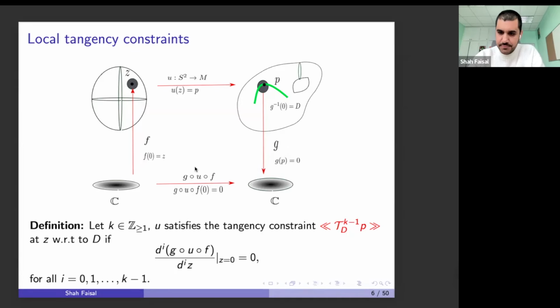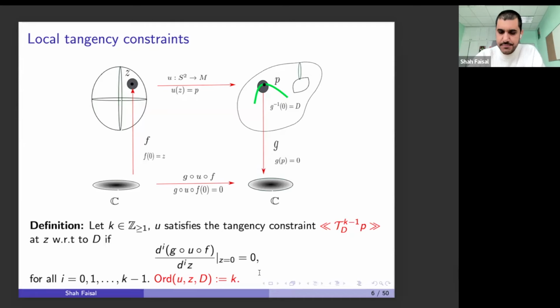Okay. And if this happens, then I call k the contact order of the map U to D. There is a geometric interpretation of this contact order. If you take a smooth perturbation of the holomorphic curve U near the divisor D to make it transverse to the divisor, then the sign count of transverse intersections with D will be equal to this number k.